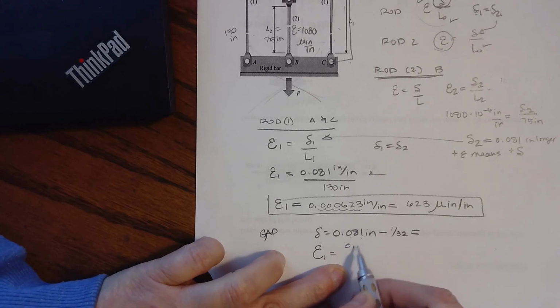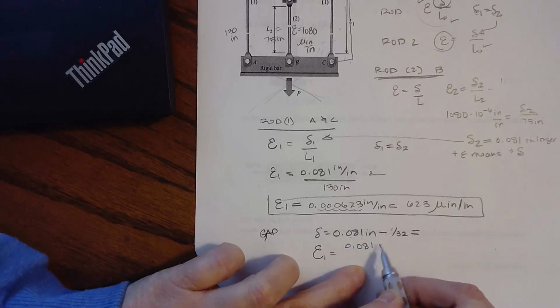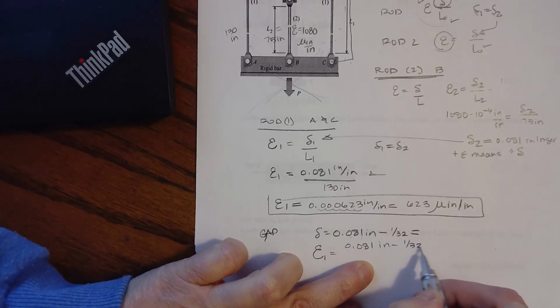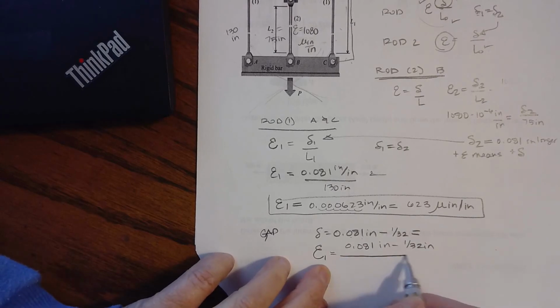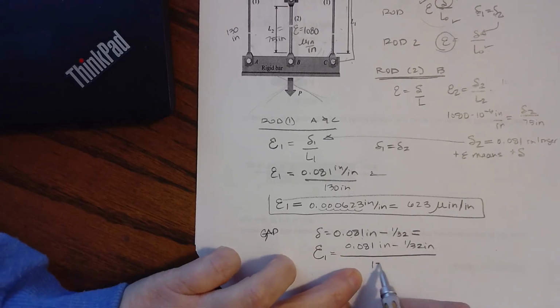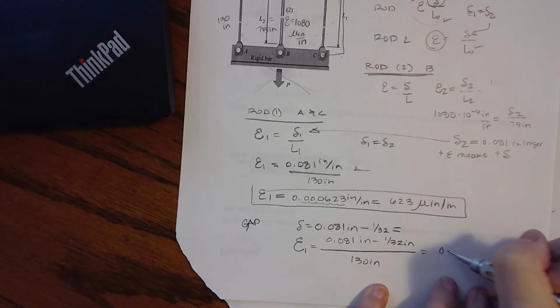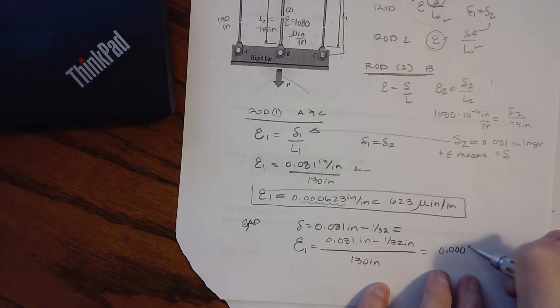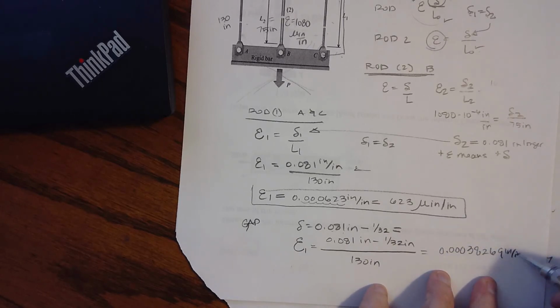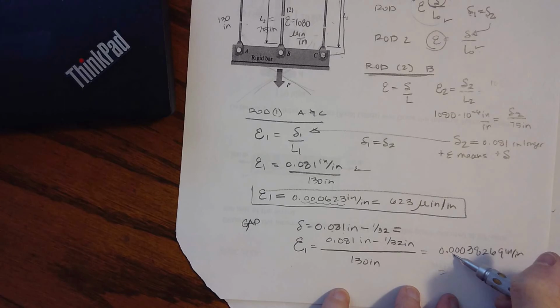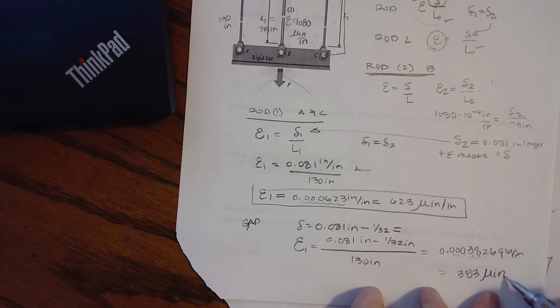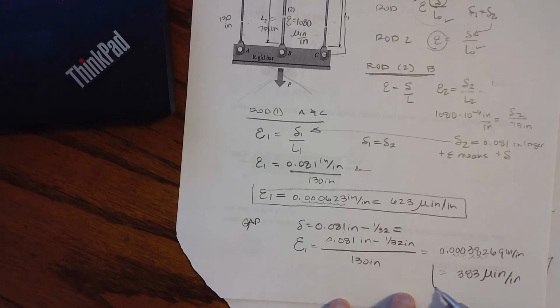It's going to be 0.081 inches minus that gap, because we're going to fill in the gap before we start actually stretching, over 130 inches. And this time I get a strain of 0.00038269 inches per inch, which gives me 383 micro inch per inch.